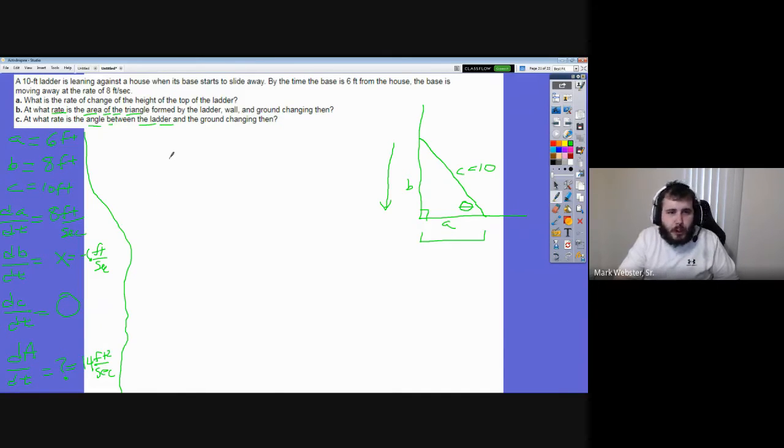So we want to figure out this guy. There are 50,000 billion ways to do this, and each and every one of them should give you the same answer. I don't care which one you do. You do you. So you could do any equation you want, as long as it involves this angle right here.